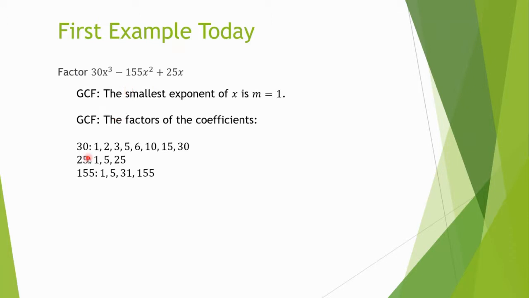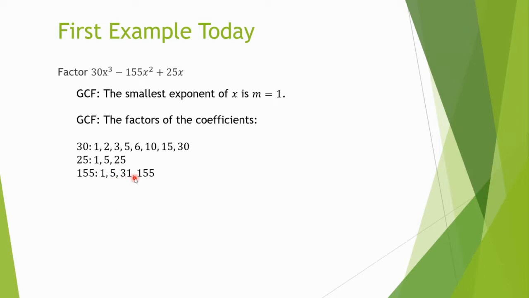I listed all the coefficients and all the factors, as you can see. 155 is a little bit tricky, but you can see it has 5 as a factor, mostly because the last digit is 5. Just in case you don't know that, if a number's last digit is 0 or 5, then 5 is a factor. And the other factor we get from dividing is 31.